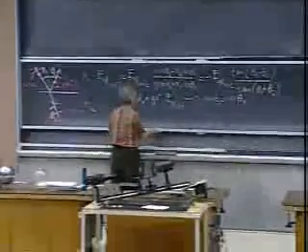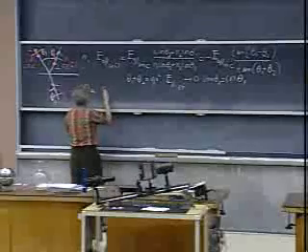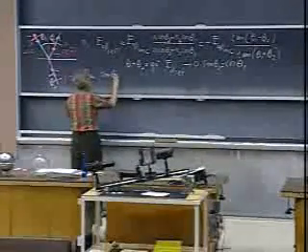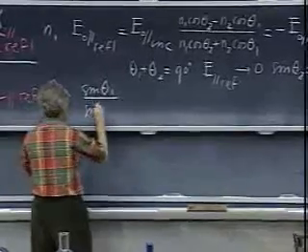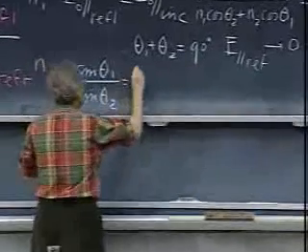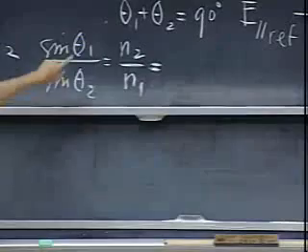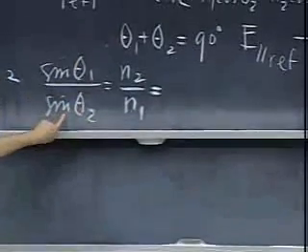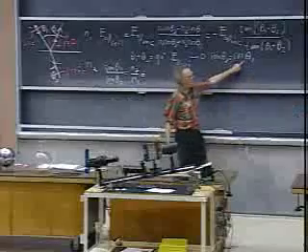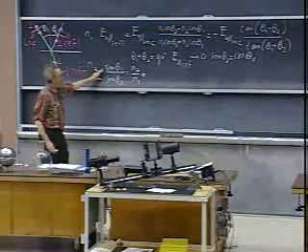remember Snell's law, which says that the sine of theta 1 divided by the sine of theta 2 is n2 divided by n1, I can replace, only for this special case, the sine of theta 2 by the cosine of theta 1. And so I now get the tangent of theta 1.